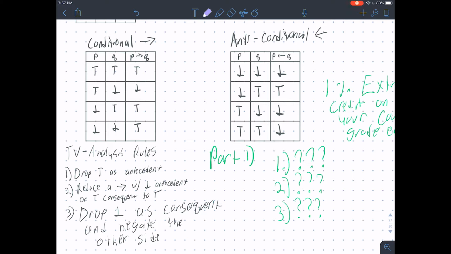Okay, look at the relation between those rules and the truth table just for a second. I didn't hammer home when I was explaining it how these rules are derived from the truth tables, but I think if you study that, it'll make sense as to why we have those rules.